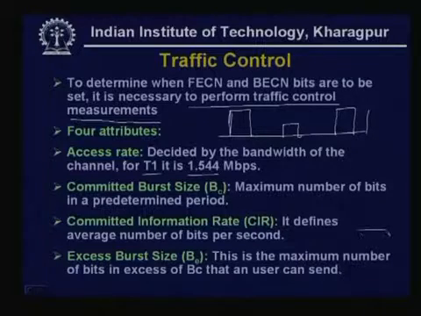So, this is the BC and this is the BE. This much of excess is allowed by the frame relay network, but this is a loose bound on the size. Usually the committed burst size is more important than the excess burst size, but in any case the burst size should not exceed this excess burst size.